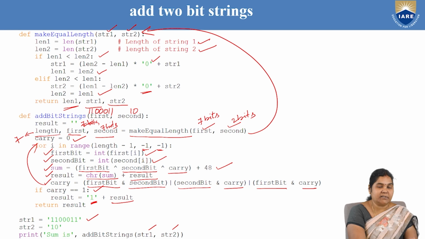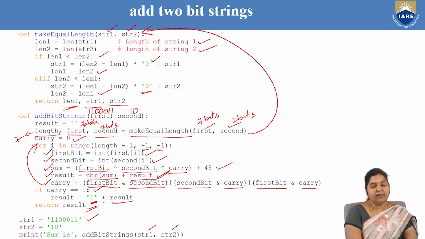If carry is 0, then the result will be 7 bits long. So here you are computing the result. If the carry bit is 1, then it will be 1 plus the result. If carry is 0, then the result is enough. So finally we are going to return the result.